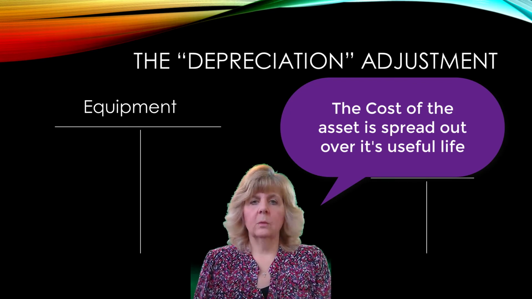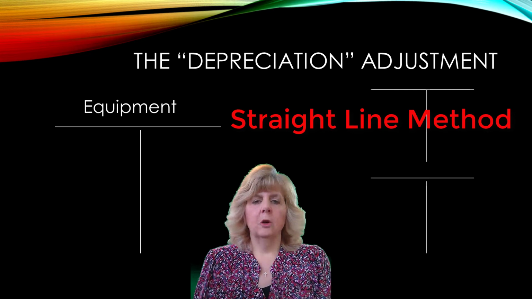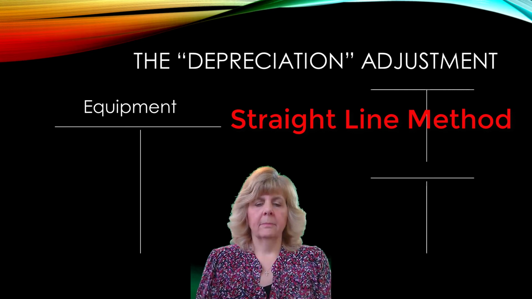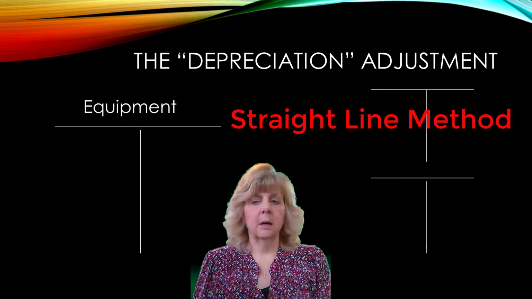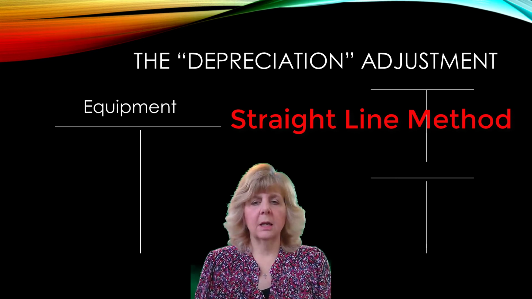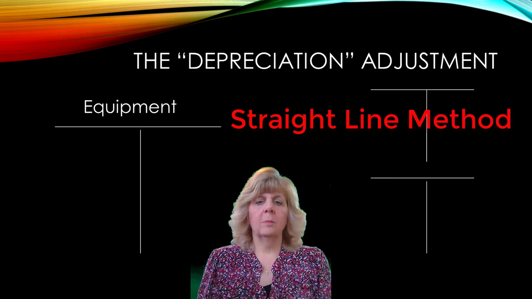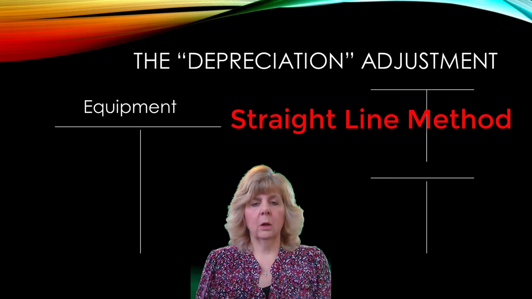In this class, we will be only learning one type of depreciation method. We will be learning the straight line method. In reality, there are many, many more types or ways of depreciating assets. You will learn about 4 ways in Accounting 101.